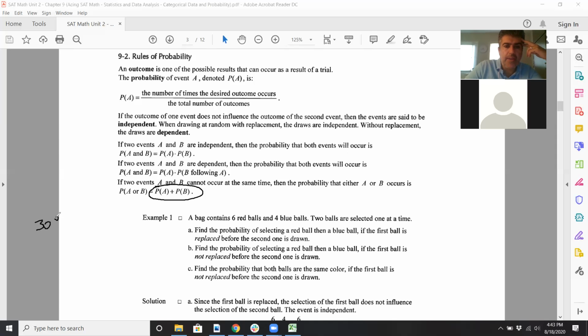So I'm not looking for and, it's just one or the other. Let's say it's a 30% chance today and a 40% chance tomorrow. So the probability of rain on at least one of those 2 days would be 70%. You just add them up. That's an example of that one.